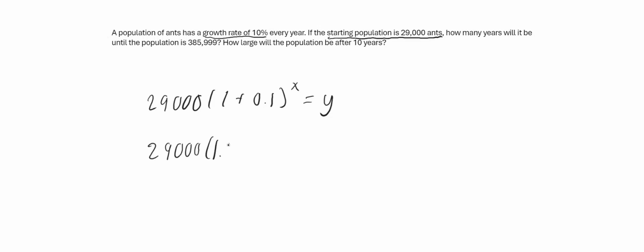29,000 times 1.1 to the x equals 385,999. So the first thing we can do is just try and isolate our x variable. So we do that by dividing each side by 29,000.